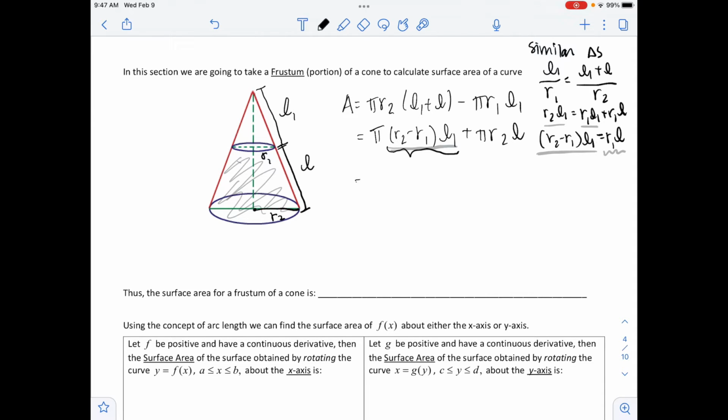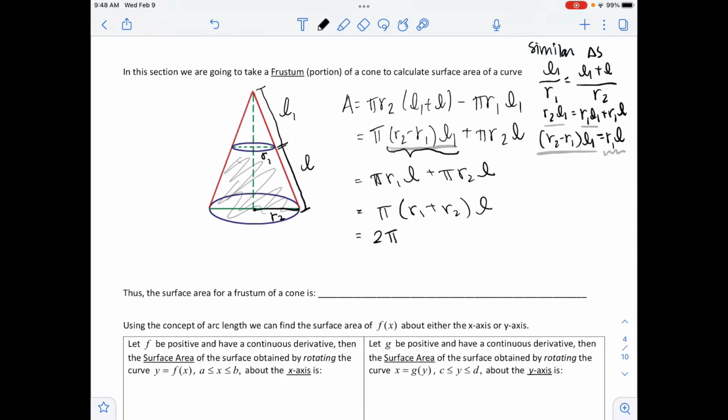So this is going to be the same thing as pi times R1 L plus pi times R2 L. From here you can factor out a pi, and I'm going to go ahead and say R1 plus R2, and you can also factor out that L. So from here I'm going to rewrite this just a little bit differently.